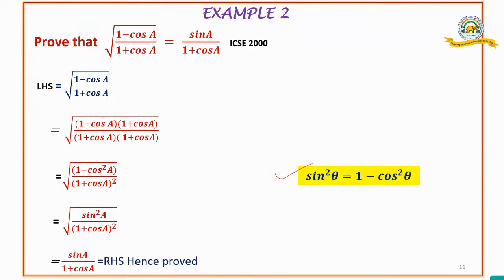Now we can easily get the square root. Square root of sine square A is sine A. Square root of 1 plus cos A whole square is 1 plus cos A. So therefore we have got our right hand side. I hope you've understood how to think about the sum. That is the main thing. So you must be able to think how we work with it.